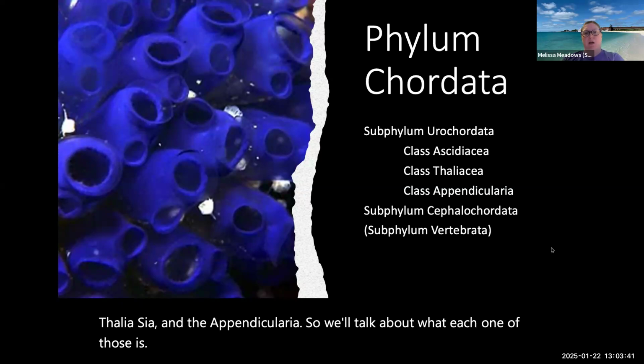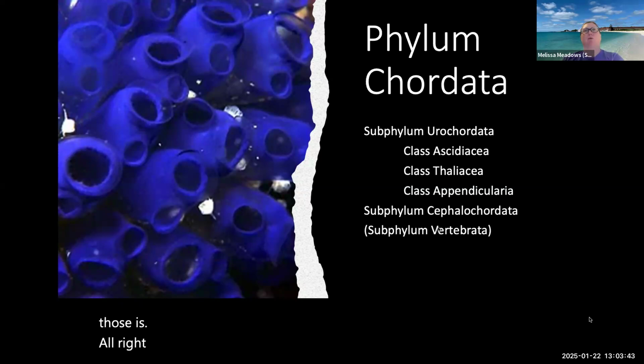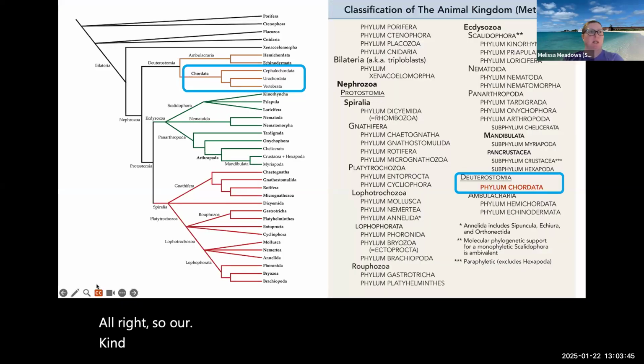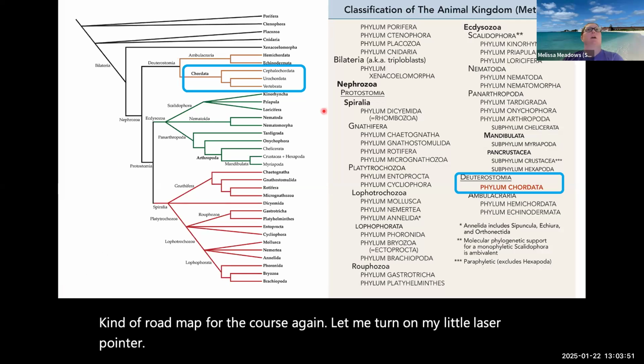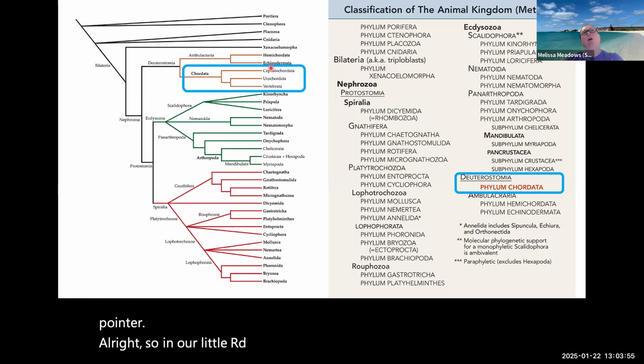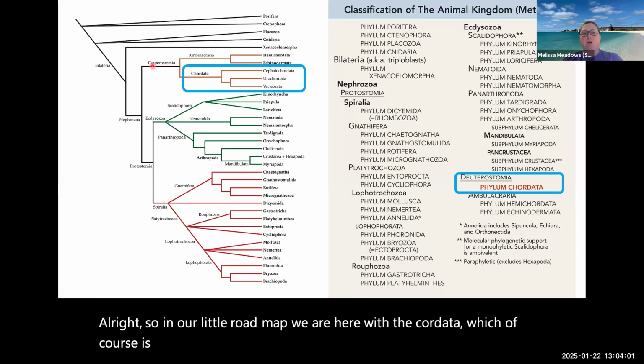All right, so our roadmap for the course again. Let me turn on my little laser pointer. So in our roadmap, we are here with the Chordata, which of course is within the Deuterostomia.